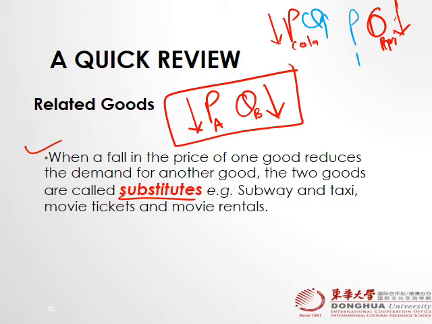The price of Pepsi is the same, but customers who were previously consuming Pepsi now shift their demand to cola as well, right? So Pepsi will say, okay, our price has not changed, but our quantity demanded is decreasing. It means if the price of one product decreases, it causes the demand for the other product to also decrease. We call this substitute.